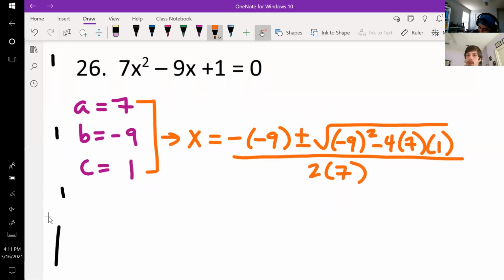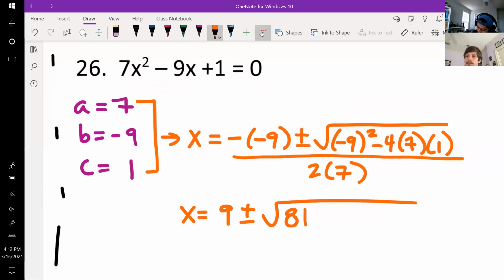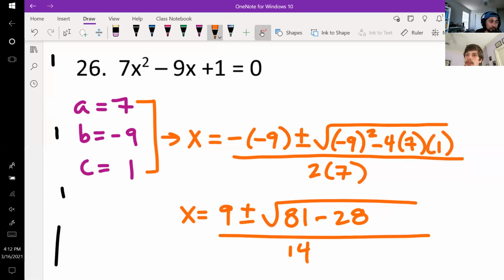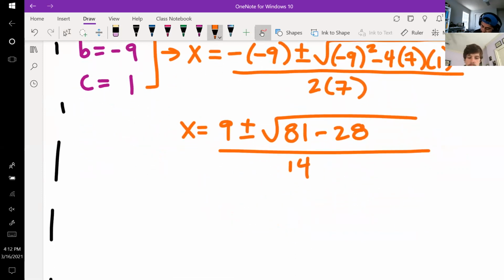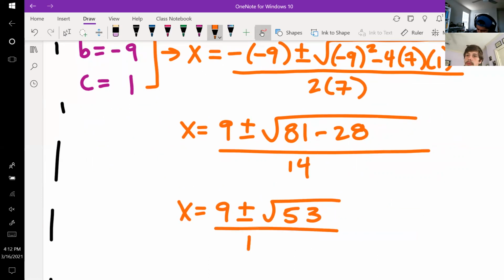Good. Okay, clean up. x equals 9 plus or minus the square root of 81 minus 4 times 7 times 1, that's 28, all over 14. Okay. And you'll get x equals 9 plus or minus, 81 minus 28 gives me the square root of 53, over 14.